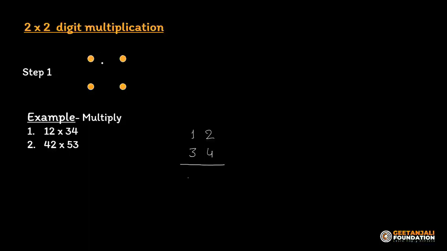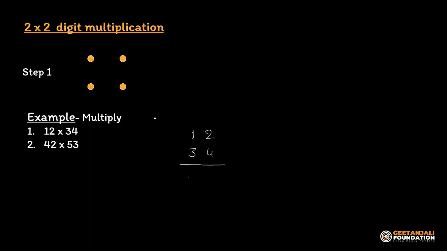These two dots in the first row represent your first number. This is the unit place digit of the first number, and this is the tens place digit. For example, here 1 is the tens place digit and 2 is the unit place digit. The second row represents the second number.